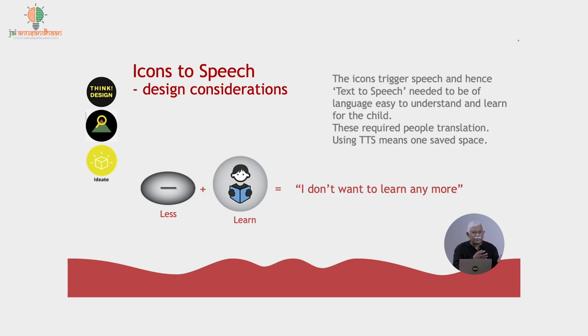For example, if one presses the less button and then the learn button, the message would be, I don't want to learn anymore. Or if he presses the plus button and then the learn button, it says, I want to learn some more. This was a very interesting and creative way of trying to form a language. And the child who has communication issues would use these images to construct these pre-made sentences.